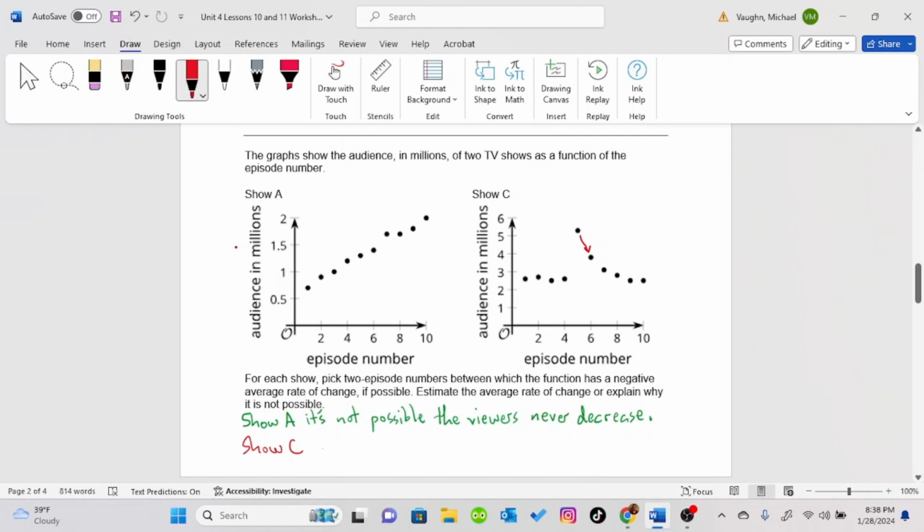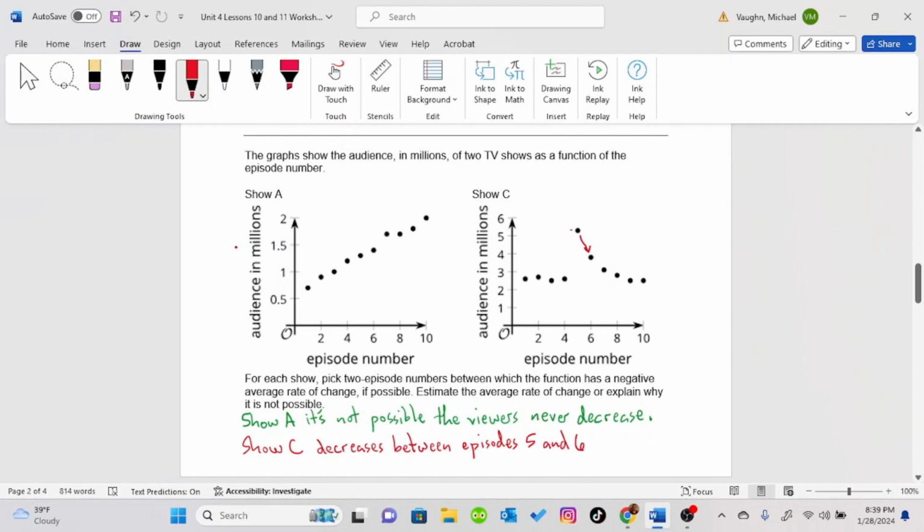So show C decreases between episodes 5 and 6.